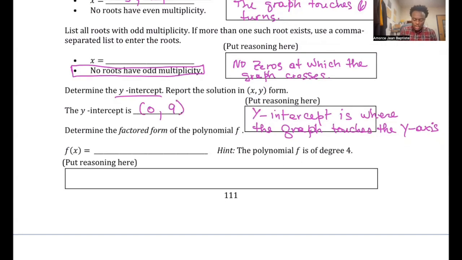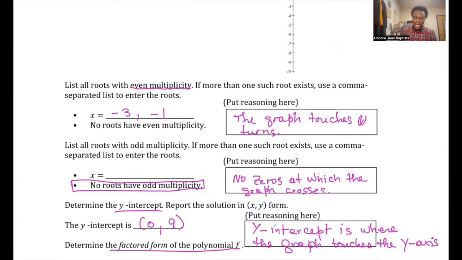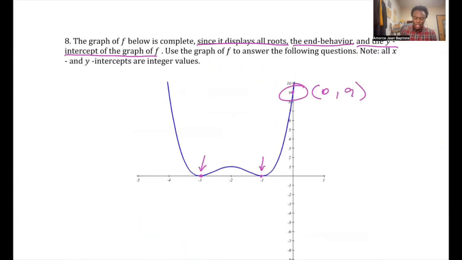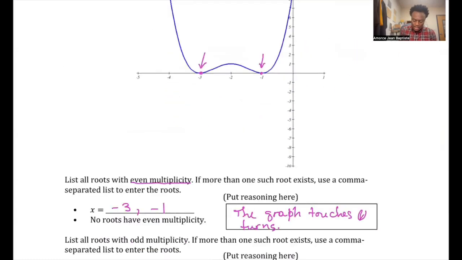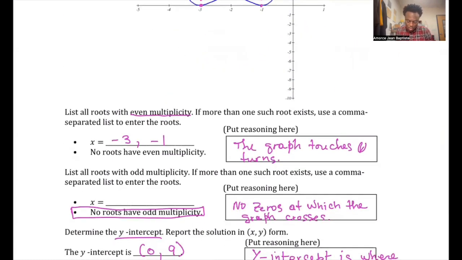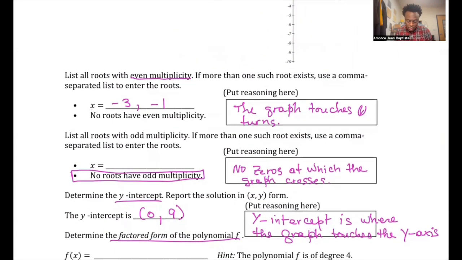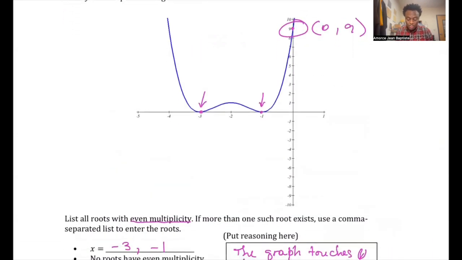And then now it says determine the factored form of f of x. Since we have a polynomial function, they did not tell me the degree of the polynomial. Well, they didn't tell me, but I assume that these are both even, with multiplicity 2.